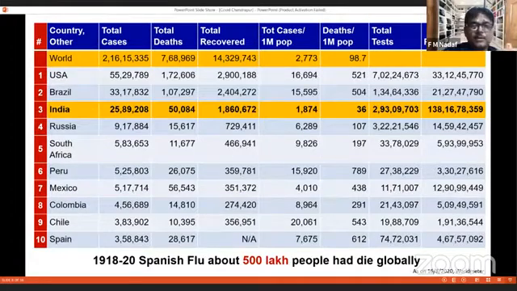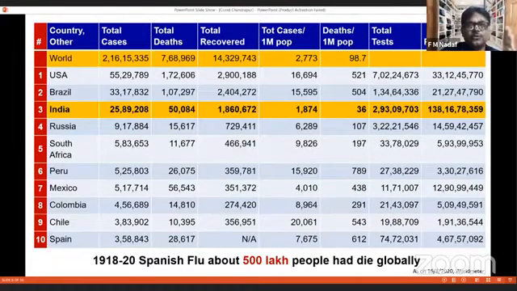So if you compare what is happening today with what happened in 1918 and 20, there's a very, very big contrast. Maybe at that particular time, we had no disaster management plan, and we also were not having better medical facilities. But now, what we need to learn from Spanish flu is that there were 3 waves.